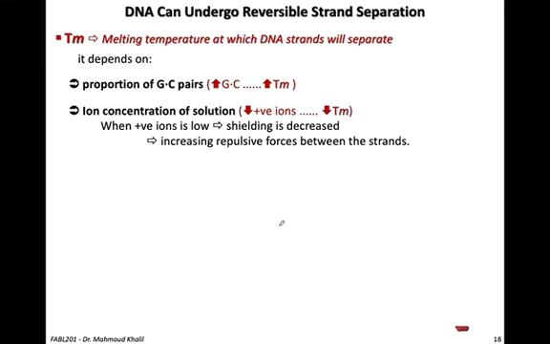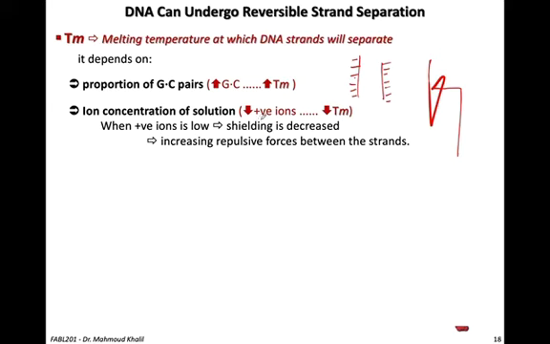The ion concentration as well, because the general charge on the two strands of the DNA is a negative charge. So we have the DNA, and the single strand has a lot of negative charge on it.